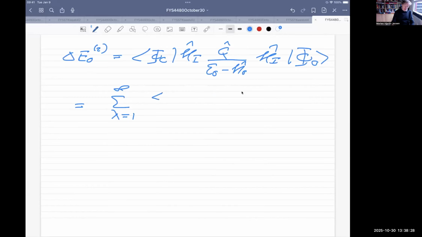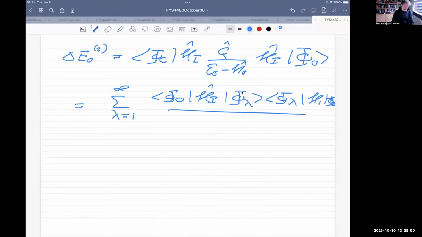And then we have a state here, which is phi 0. We have h of I, and this is now acting on this intermediate state, phi lambda, which in our case can be a particle hole excitation, etc., different types of these excitations of phi 0.